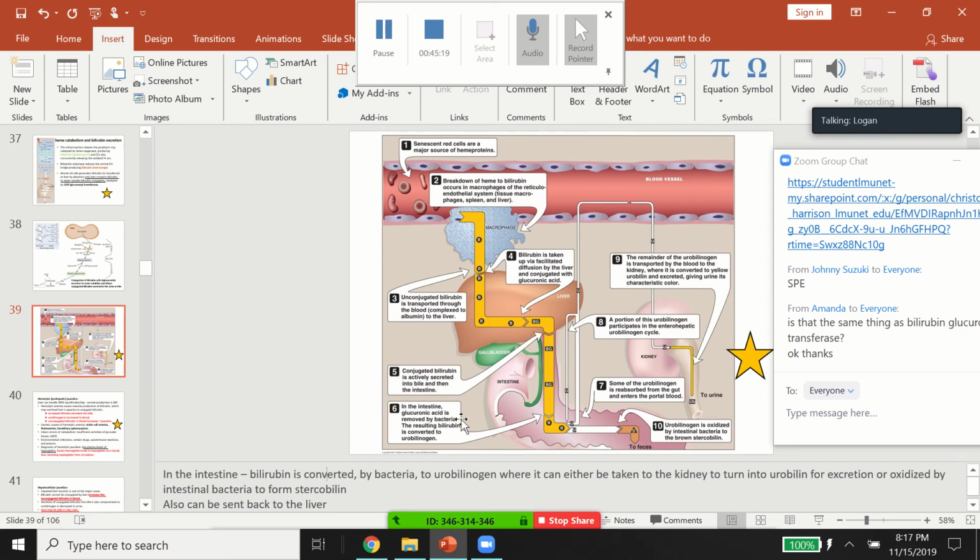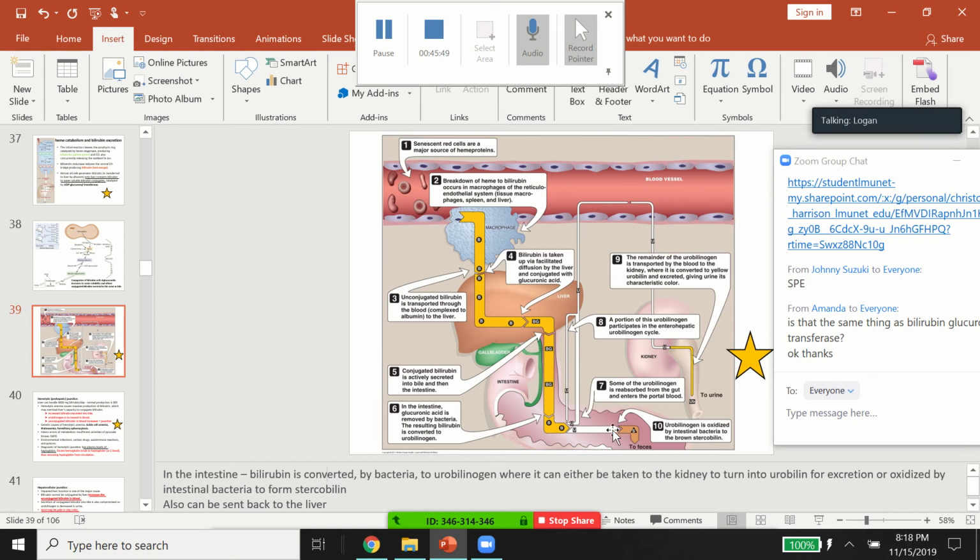Once it's in the intestine, the glucuronic acid is removed by bacteria. The resulting bilirubin is converted to urobilinogen. So just know that from conjugated bilirubin, you get urobilinogen within the intestine via the bacteria.